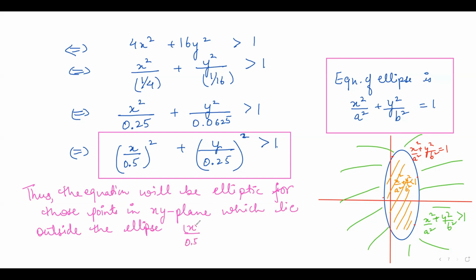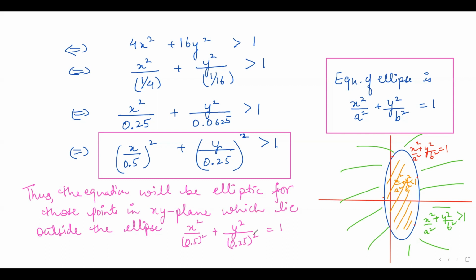You can also write it in this form. So x square upon a square like this. So this is the final answer. So we got a condition, and I hope this would be clear enough.